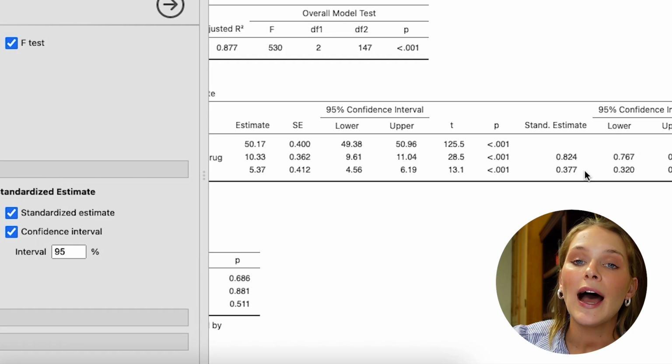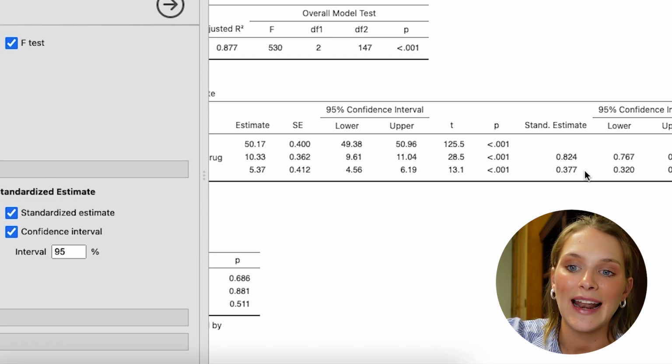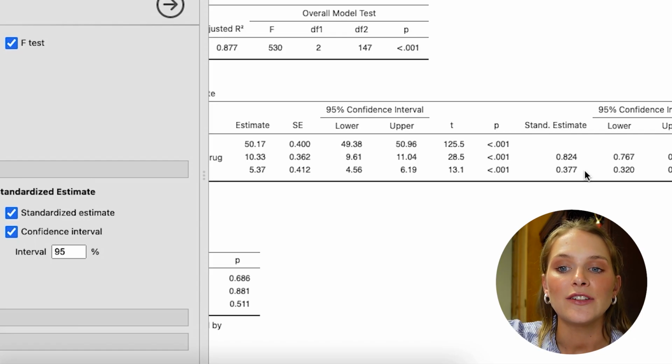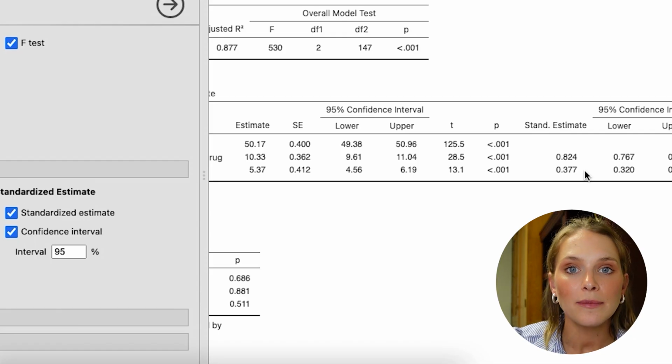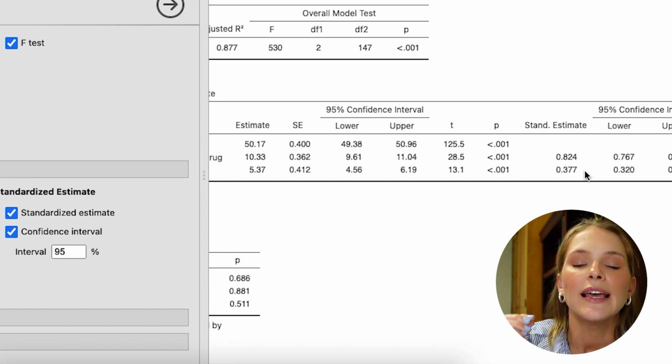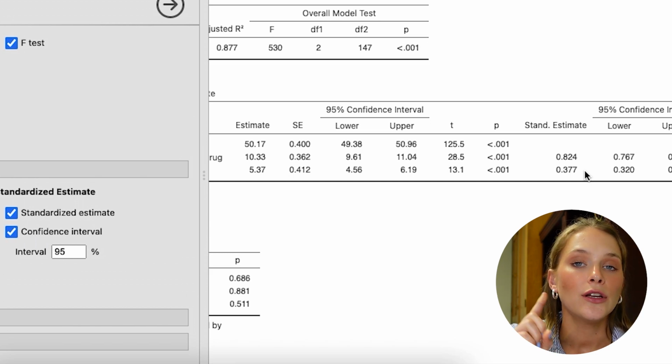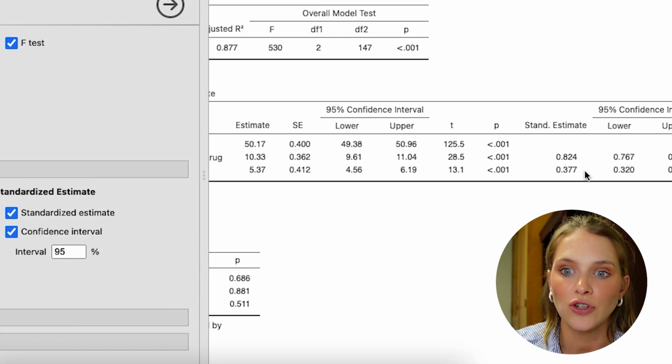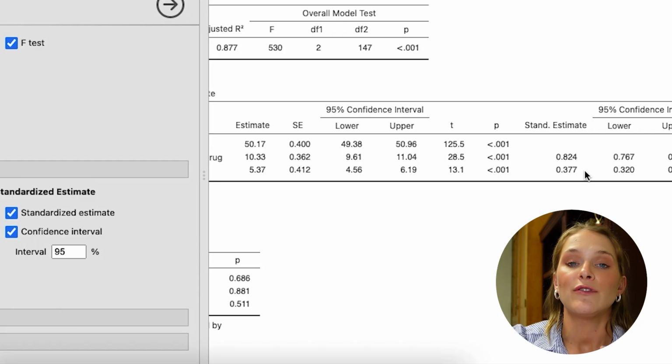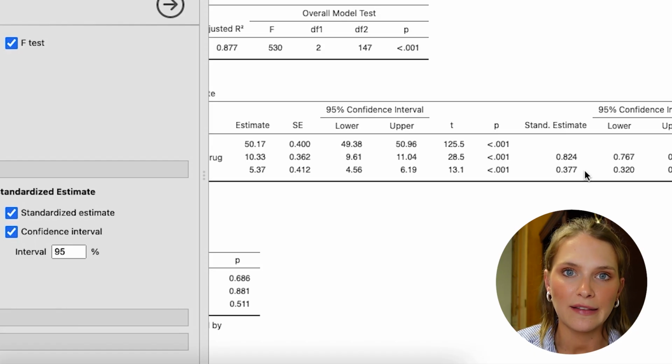And then our y-intercept is that last piece, that a. So here, that's going to be the intercept estimate, and it is 50.17. What this means, interpretation-wise, is that if there is no dose of the manipulation drug, if there is no room temperature manipulation, if both of those values are 0, the person's heart rate would be about 50.17 beats per minute.